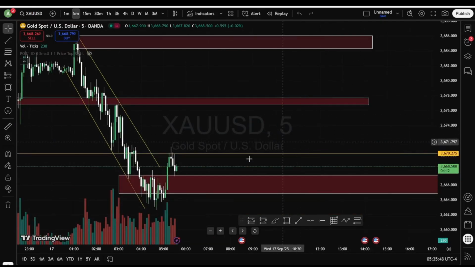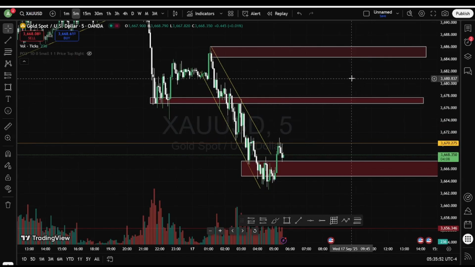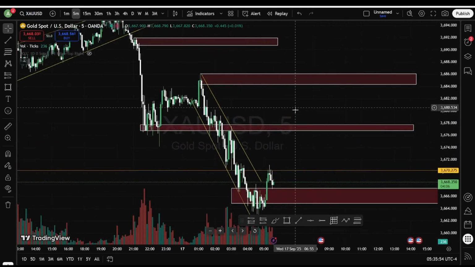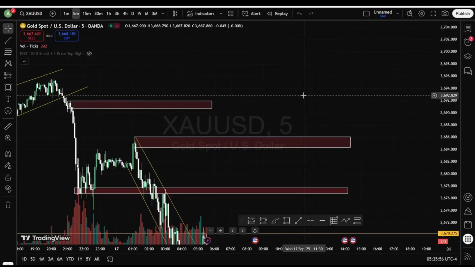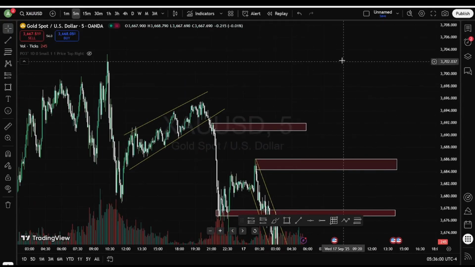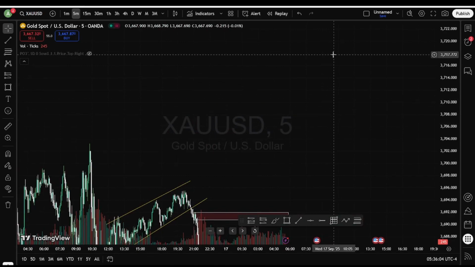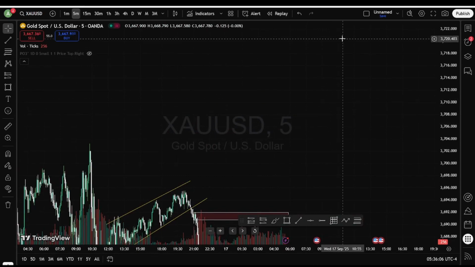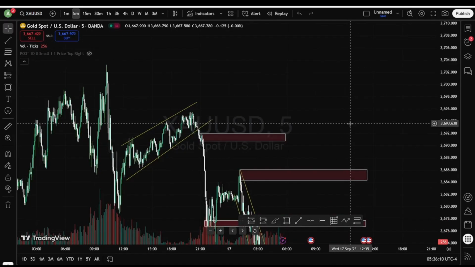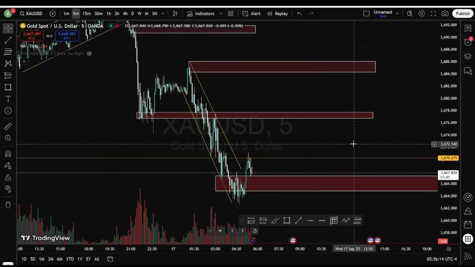Okay. So our next target for buy is, if it closes above this resistance, first we will target this all-time high. Next it will be the 720 area, then 750. So this week we are expecting gold to touch 750 level.